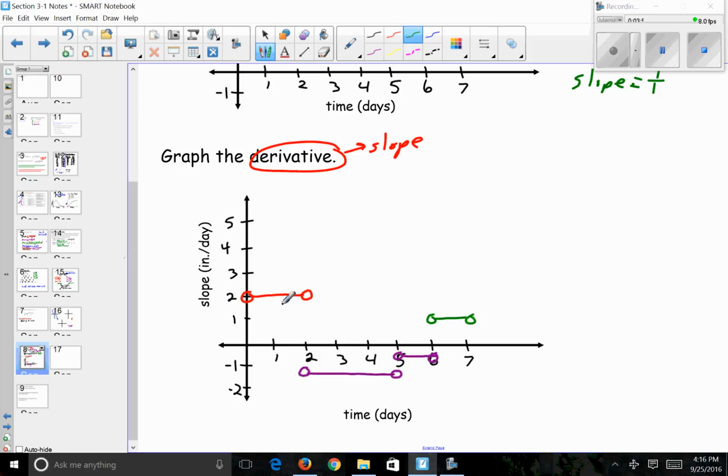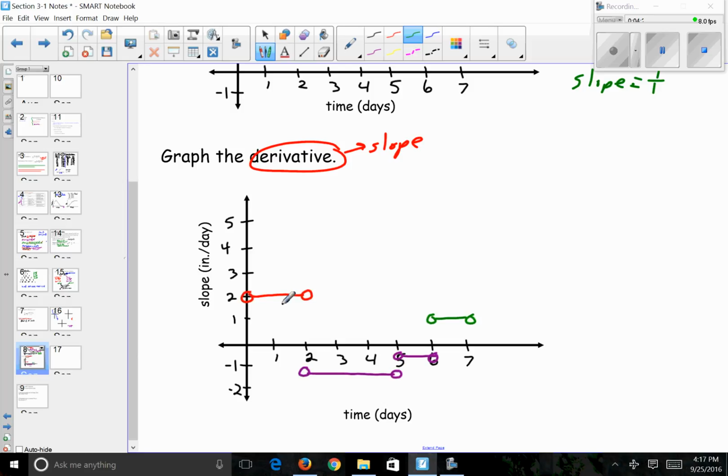And then from 2 to 5 days, our rate of change is negative, so that means the depth is decreasing. And so I would say it's not raining, the water is draining away, it's evaporating. I mean, we could even say it's probably sunny, which helps it evaporate faster. Because then from days 5 to 6, the derivative is negative, so our rate of change is negative, meaning the depth is still decreasing, but not as quickly.